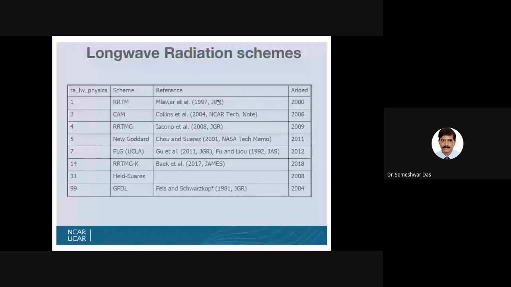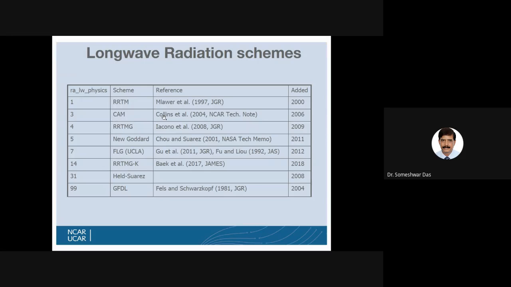This scheme was added in the WRF model in the year 2000. If you choose option 3, that means you are selecting the CAM option for the long wave radiation scheme. CAM is the Community Atmosphere Model developed at NCAR and generally used for climate simulation.